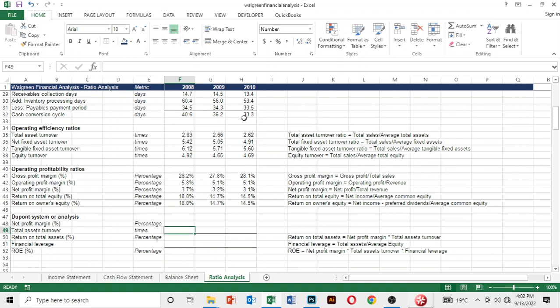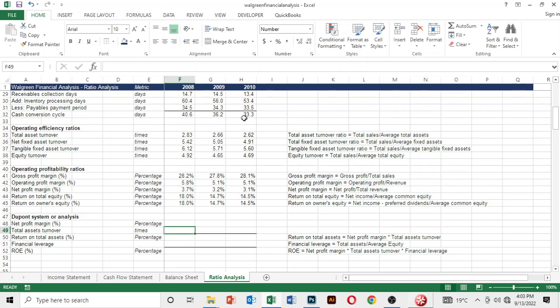So now we're looking at the DuPont system or analysis. DuPont analysis is a way of breaking down return on equity, right? Because return on equity is just net income divided by average common equity, we break down that ratio to say it is affected by net profit margin.